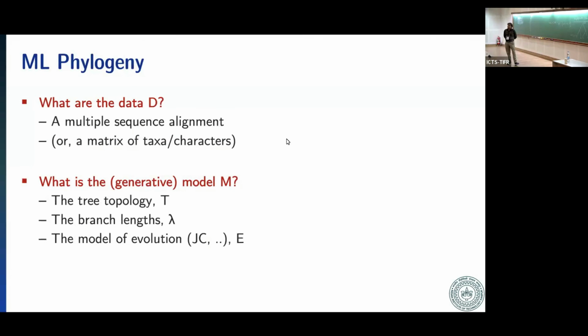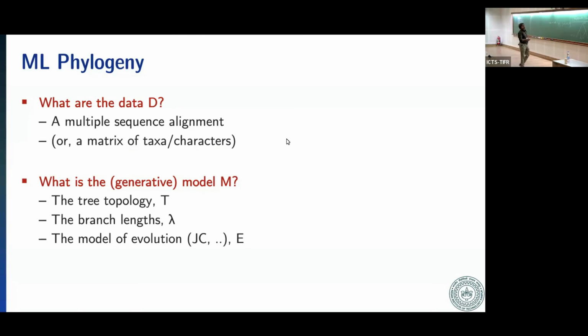Now, in case of phylogenetic tree, what is the data? We have a multiple sequence alignment as the data, right? And then what is the model? We are considering a model to be consisting of three things: the model topology T, the branch lengths, and the model of evolution, either Jukes Cantor or whatever.